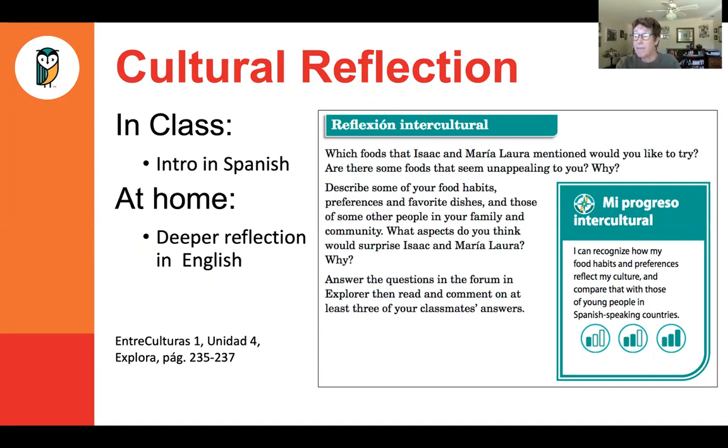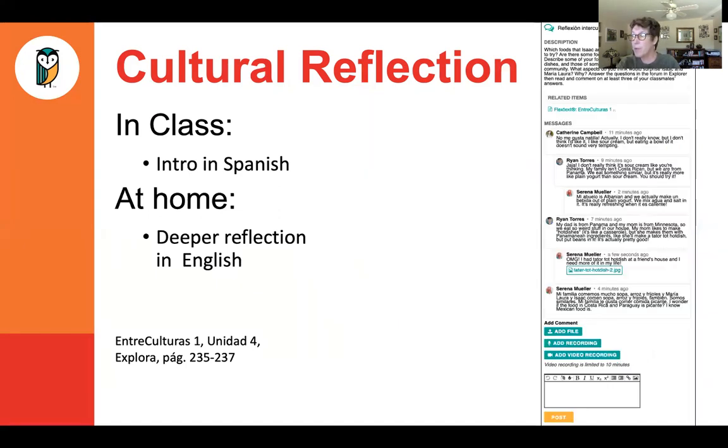We also have an online platform for students called the Learning Site. The instructions for this activity ask students to post their reflections in the forum and to comment on classmates' posts as well. You can see right here an example of the forum, which is kind of like a social media site.